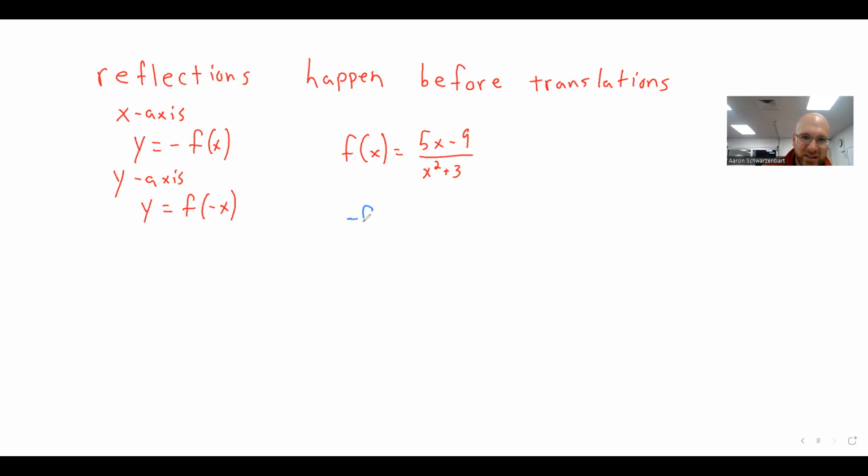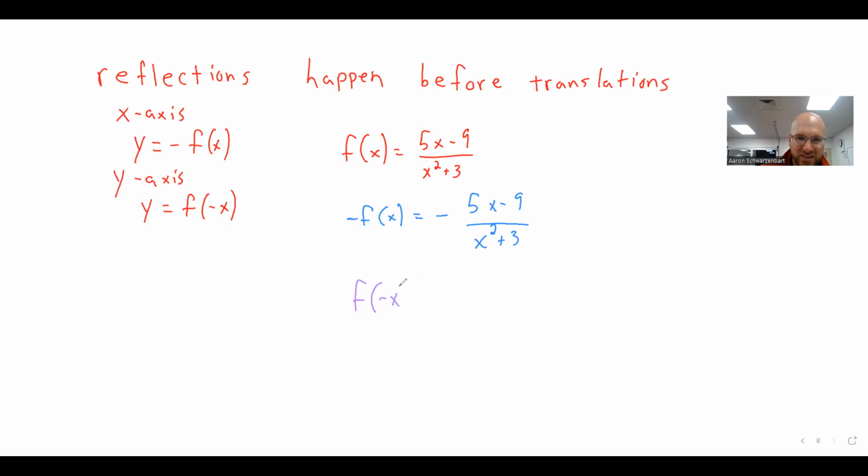Now I'm going to look at negative f of x, which really means I just added a negative. And then the one that's a little harder. So this is just a reflection across the x-axis.